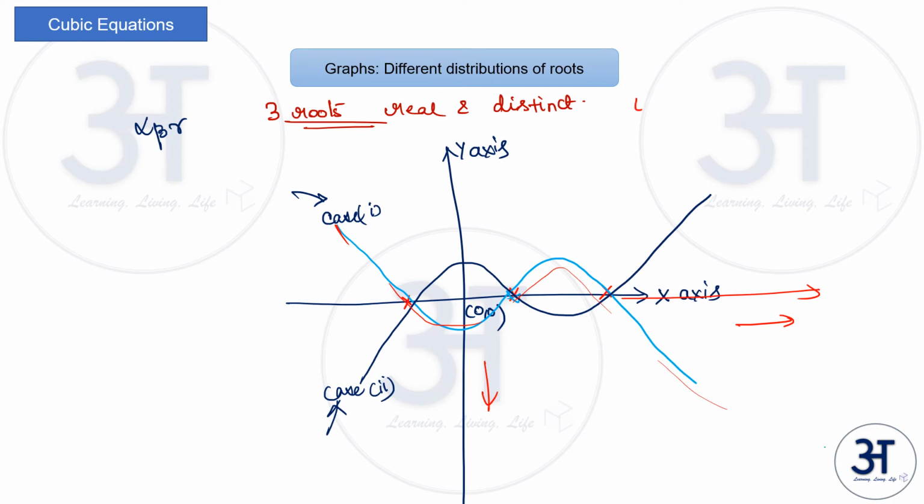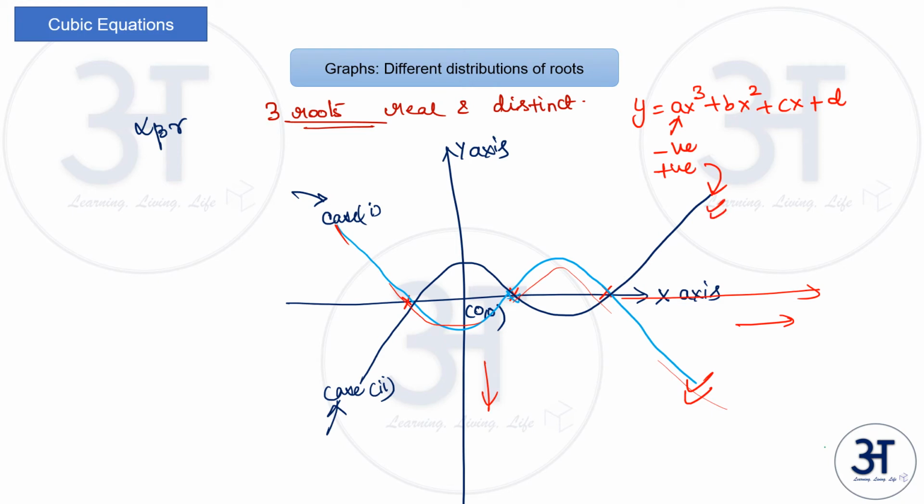If the equation is of the form y equal to ax cube plus bx square plus cx plus d, where a, b, c, d take different numbers, if a is negative, then we arrive at the case 1 graph. If a is positive, then we arrive at this case 2 graph.